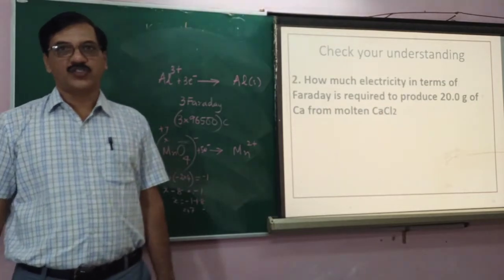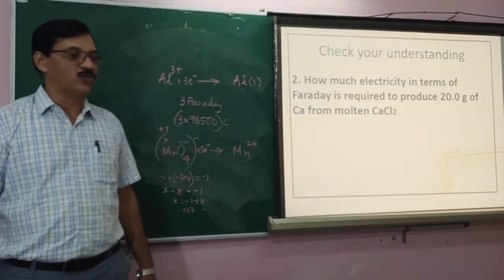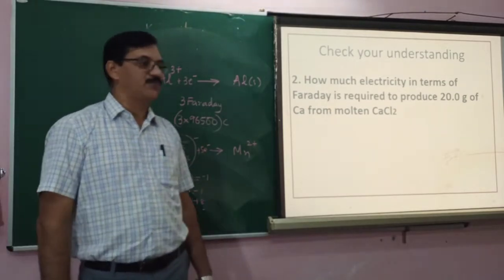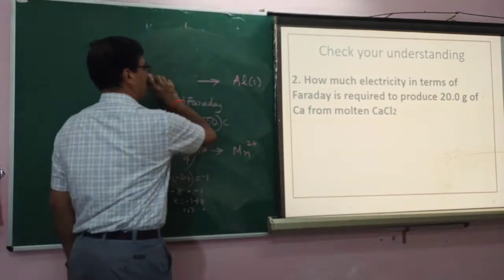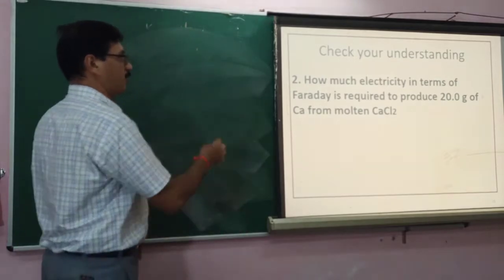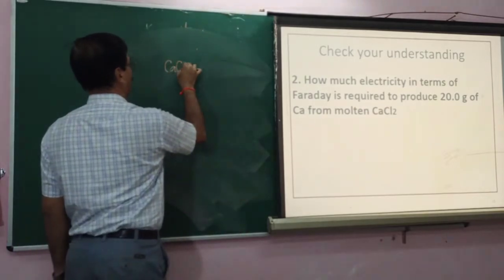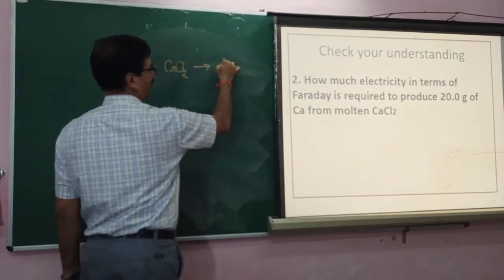So let us take some more questions. How much electricity, in terms of Faraday, is required to produce 20 grams of calcium from calcium chloride? This is an application type of question. Calcium chloride, from which you want calcium.